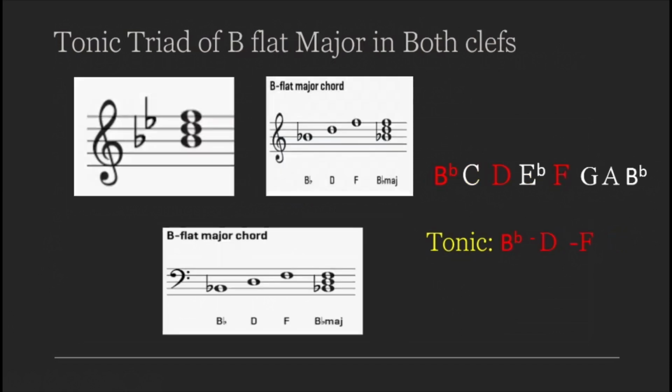Now let's jump into the next scale, which is B flat major. It's similar to what we've just seen in A major. You can see in the key signature of B flat major, we have B flat and E flat. A quick one, I want to say this. I think a number of people get this very wrong.